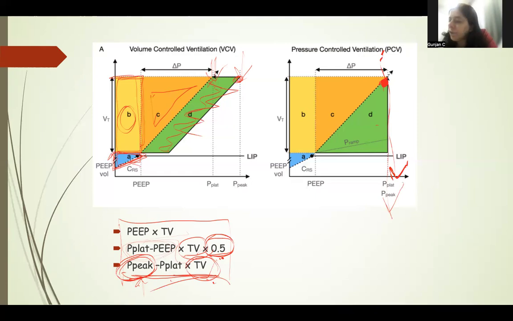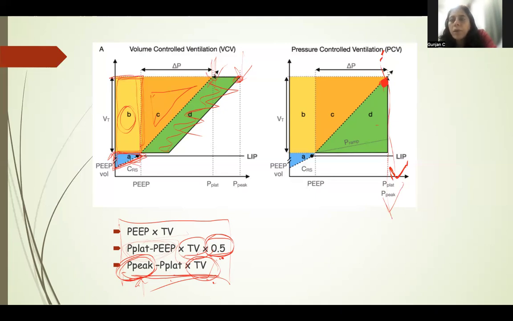So to simplify it, all you need to remember is that the static compliance work is done by the PEEP, and this energy will be defined as PEEP multiplied by the tidal volume. To overcome the dynamic elastance, the work that will be done will be the P plat minus the PEEP multiplied by the tidal volume.